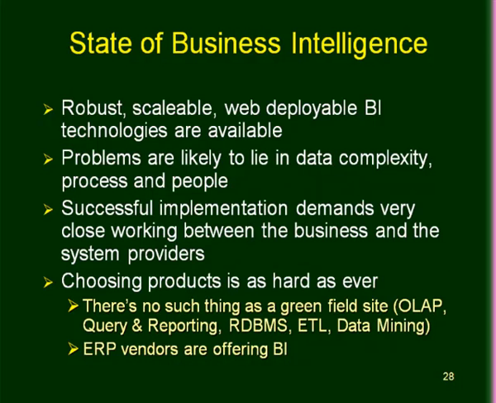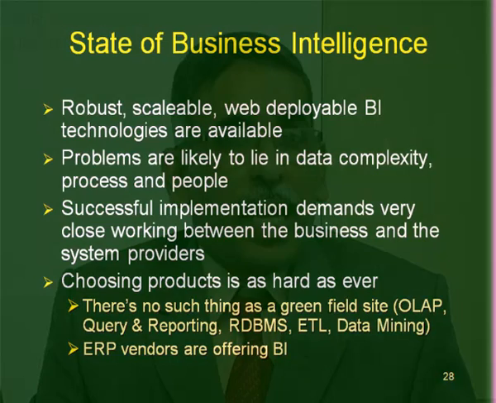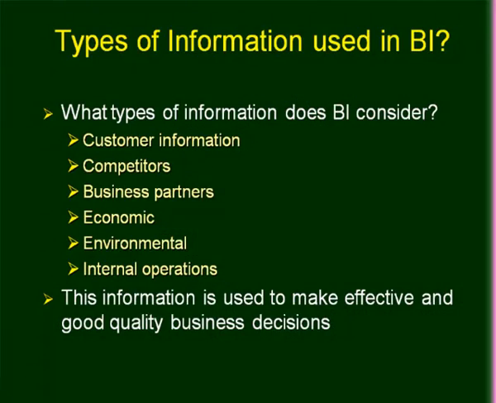Choosing a product is as odd as ever. There is no such thing as a greenfield site. Currently, ERP vendors are also offering solutions for BI. For example, SAP BW and SAP BI are all solutions on SAP database systems. What type of information should BI consider?